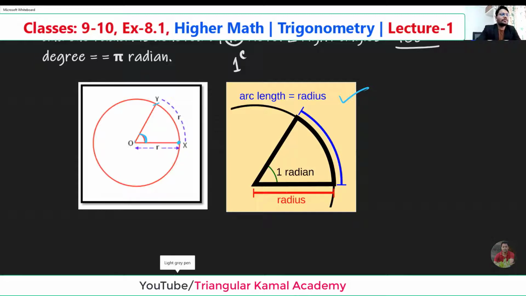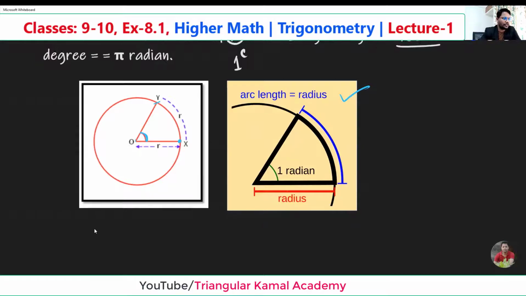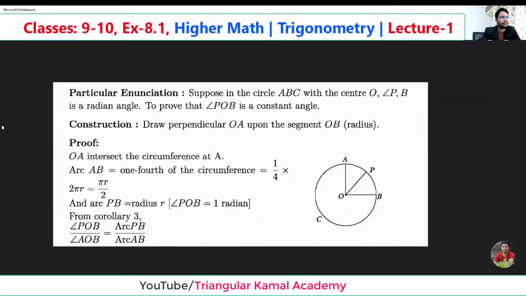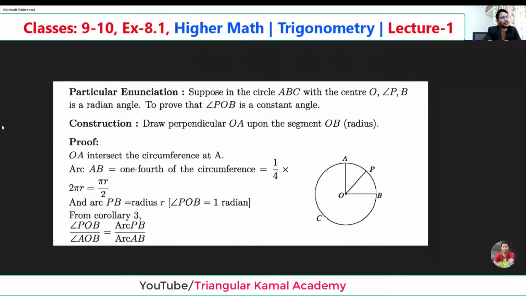Now we have to know the relation between the sexagesimal system and the circular system. Suppose this is AOB inside the circle. ABCD is a circle. Here OB is the radius, which is equal to the arc PB.